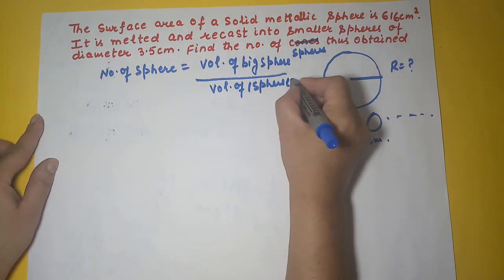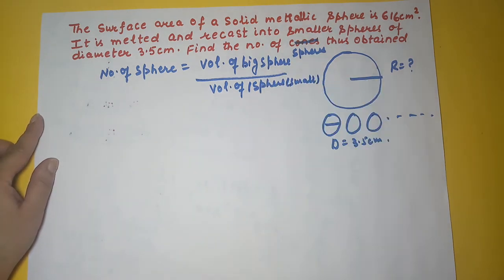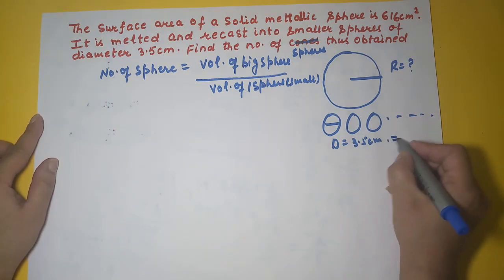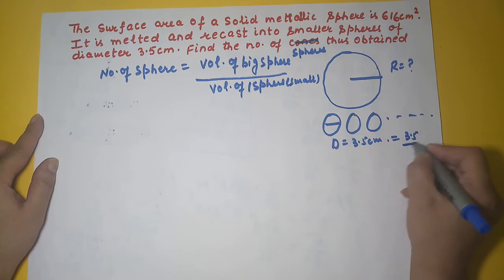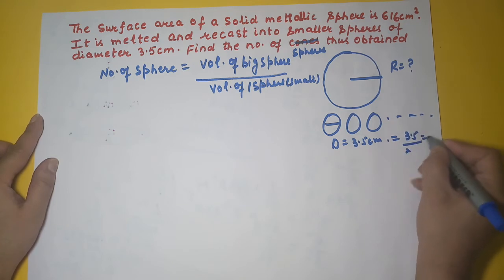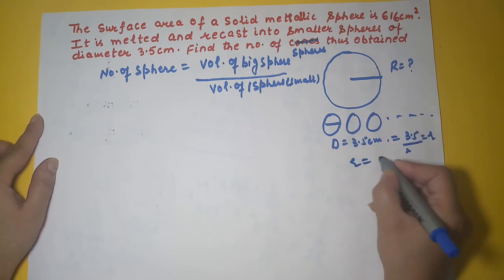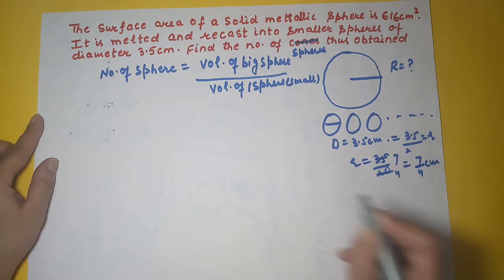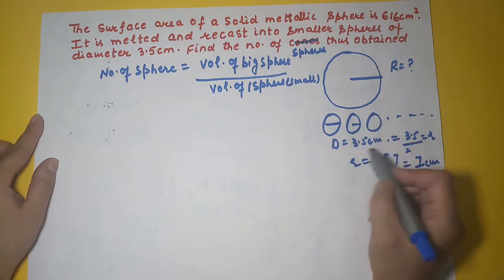For calculating the volume of the small sphere, we have the diameter. We can write this as 3.5 upon 2, that will give us the radius. So the radius is 35 by 20, which is 7 by 4 centimeters for this small sphere.